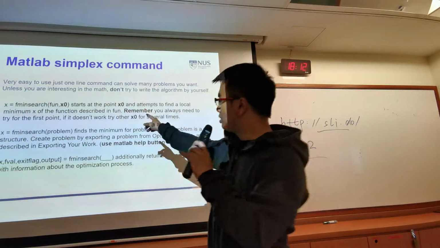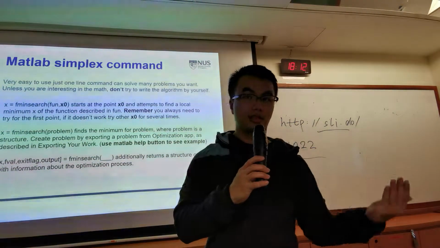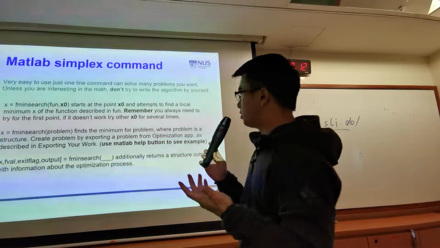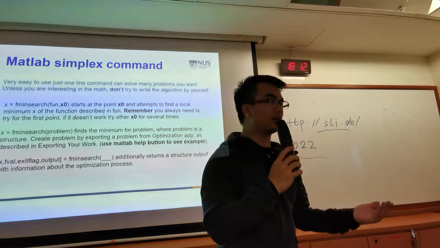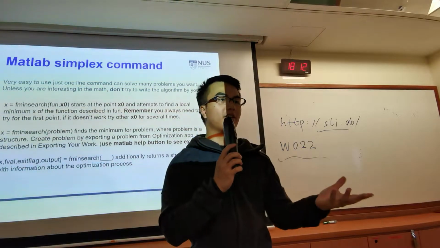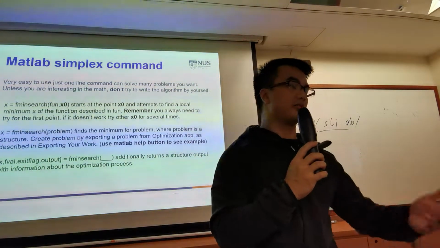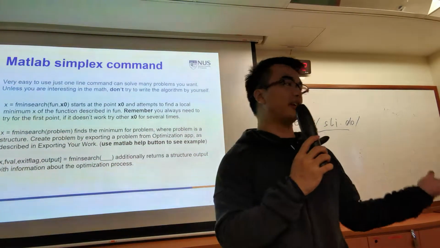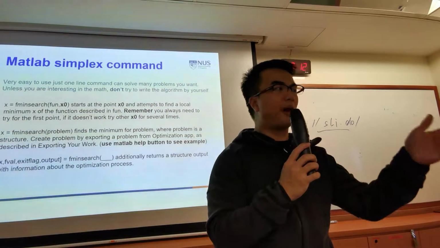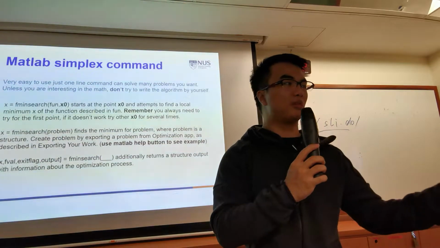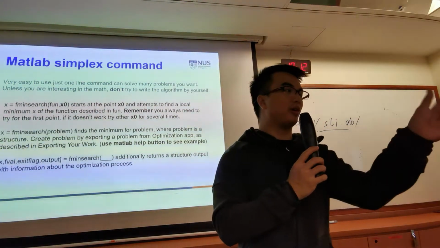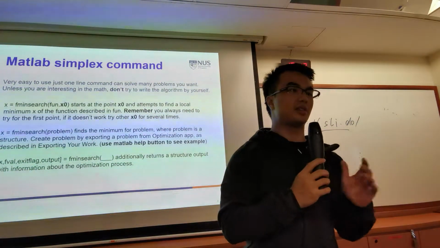And then you choose the initial point, which is x0. And sometimes finding the initial point is quite tricky. Some of the industrial engineers solve the question because they have experience. They know it is about 0.8, and they want to find the optimization point of it. But they know it's around 0.8 or something like that.